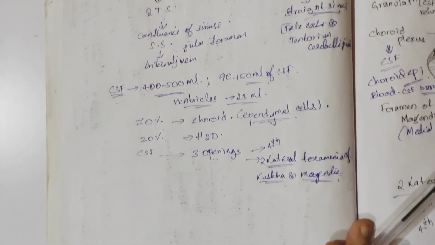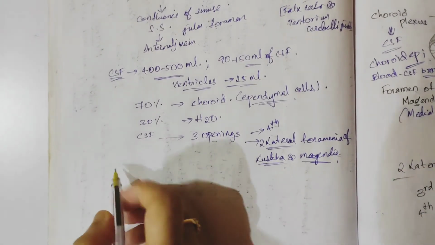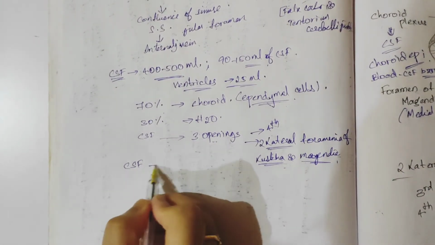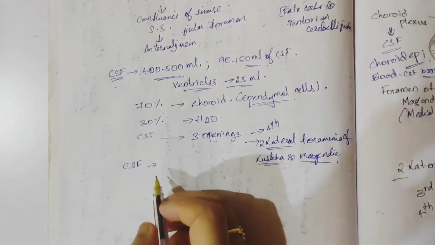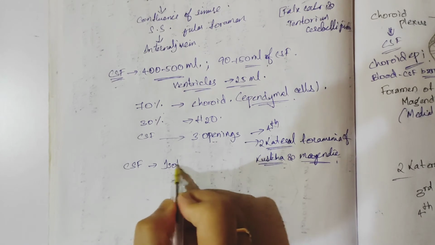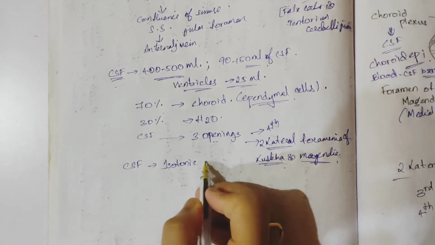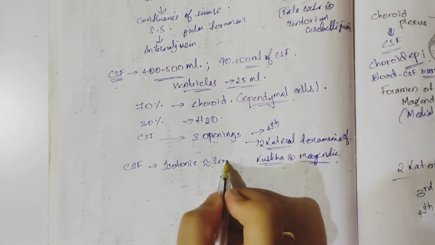And coming to the CSF, this CSF is a very clear fluid which is isotonic with serum, and the comparison here is done with serum only.